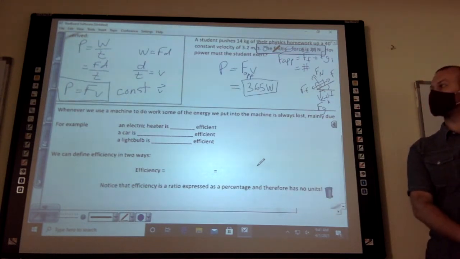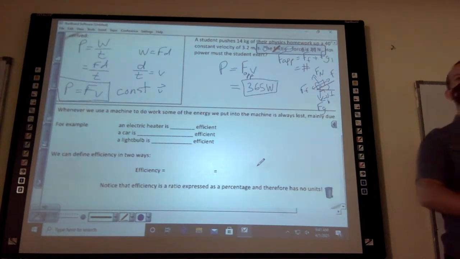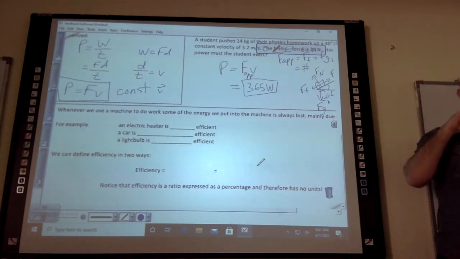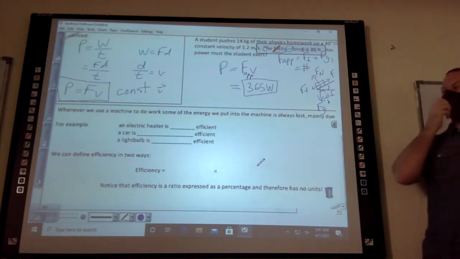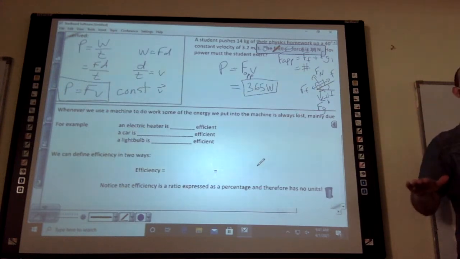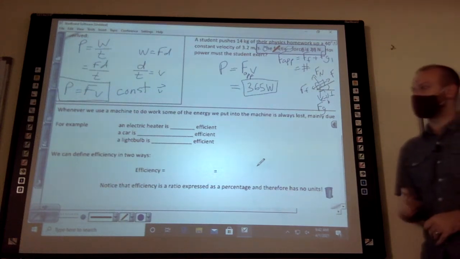There's going to be no situation where you don't. So when you're driving a car, you're converting the potential energy in the gas into kinetic energy of the car. Or if you are pushing down on one side of a seesaw, you're putting in input energy and the output is the other side goes up. And it's always going to be smaller.